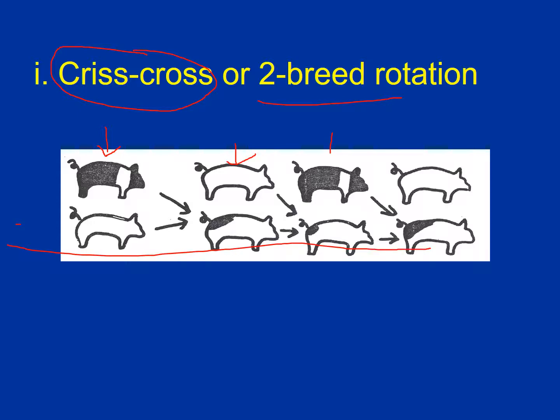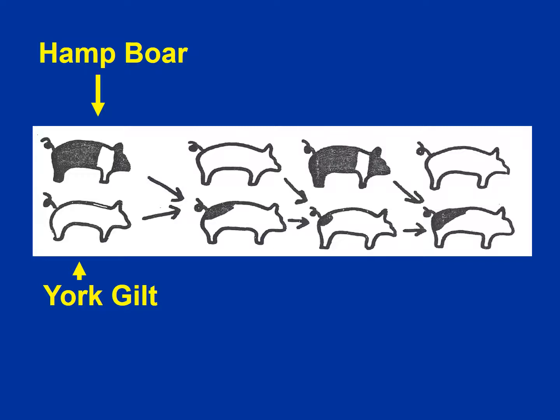So we've got 2 breeds of boars here, and every other generation we're switching back to the original breed. So 2-breed rotation, we're rotating the males. So we're starting off with a Yorkshire gilt, and then we're going to breed her to a Hampshire boar.